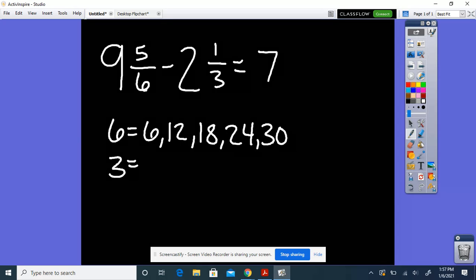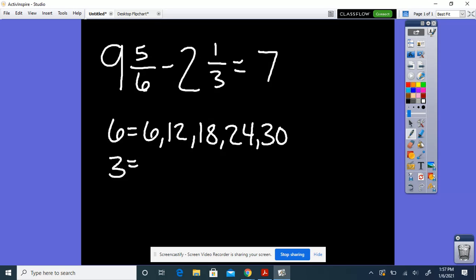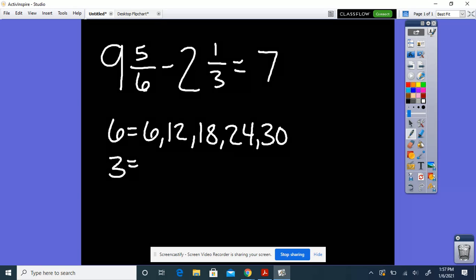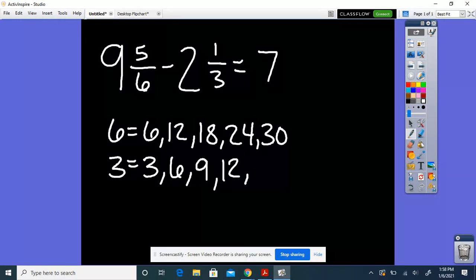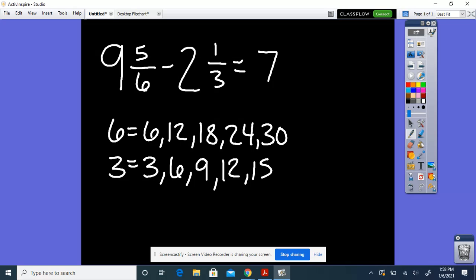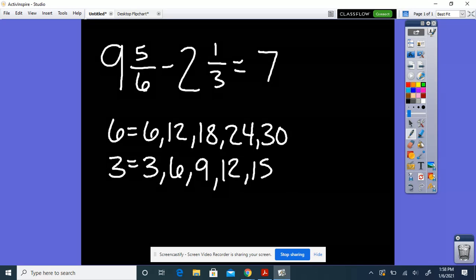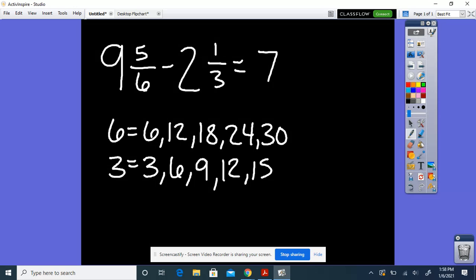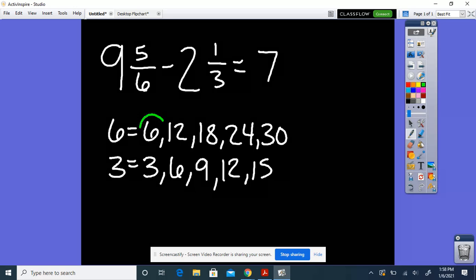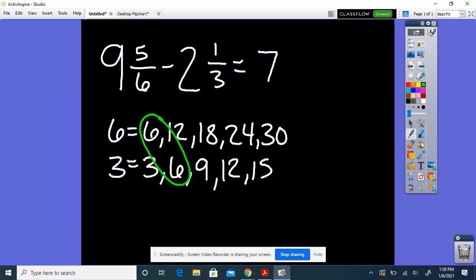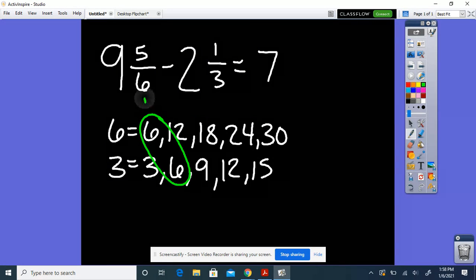And then for our 3, we'll need to do 3, 6, 9, 12, 15. So we're looking for our least common multiple, which is going to be 6. So now I know that my denominators on this one and this one are going to need to be 6.